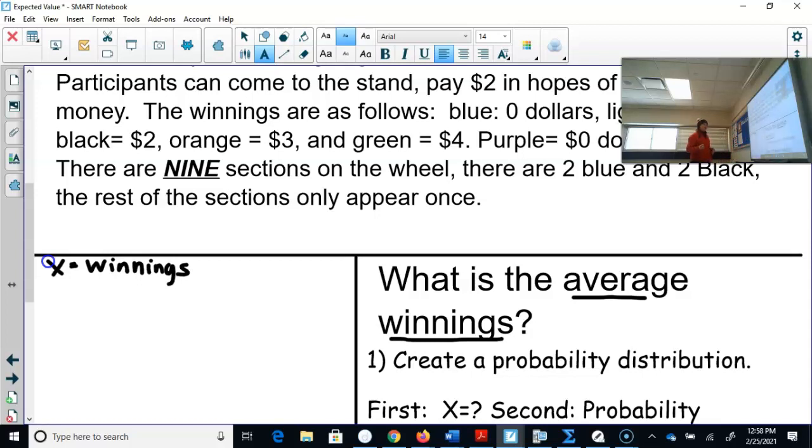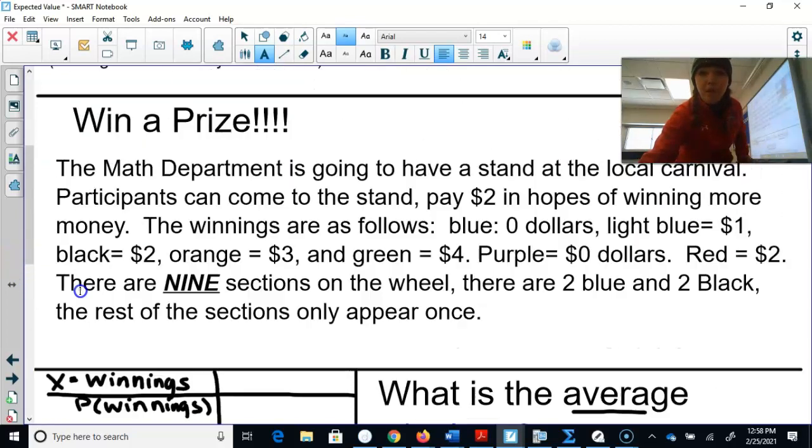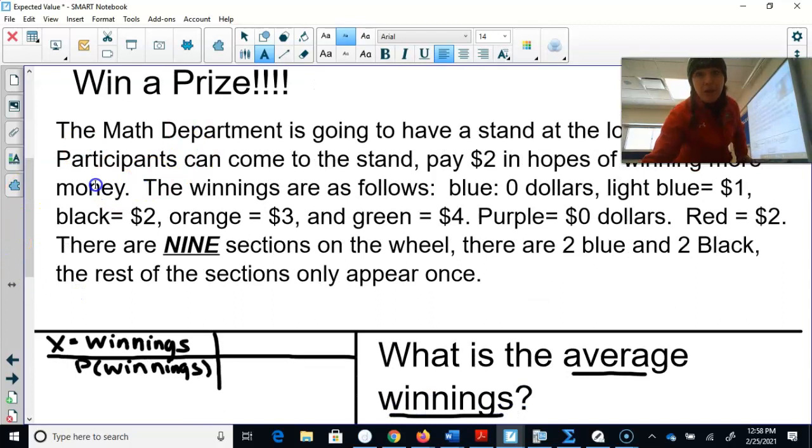All right, next, second, I want to talk about the probability of those winnings. Okay, and now we want to talk about, well, what can we win? If we look at the problem here, we're paying $2. We're not going to talk about paying the $2 right now; we'll talk about that a little bit later.